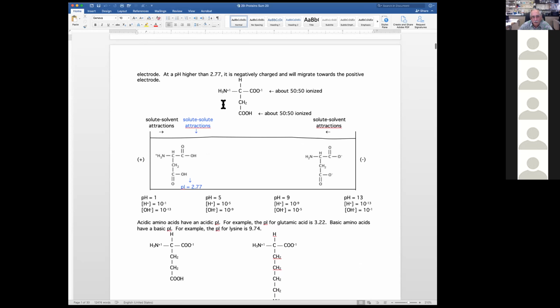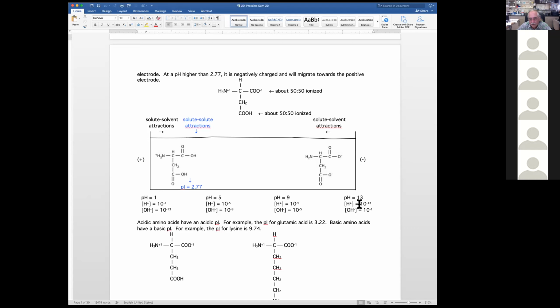So let's take this amino acid, and here's a pH gradient. So I just put 1, 5, 9, 13, right? So at pH 1, here's the concentration of hydrogen ions. Here's the concentration of hydroxide ions. At pH 13, here's the concentration of hydrogen ions and the concentration of hydroxide ions.